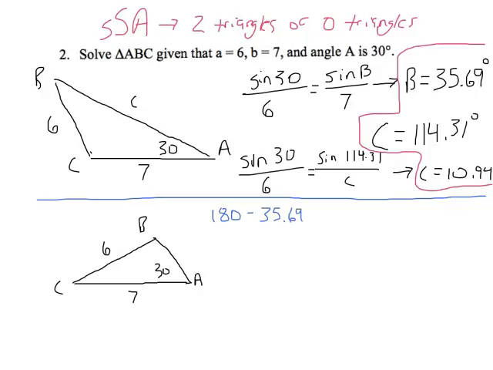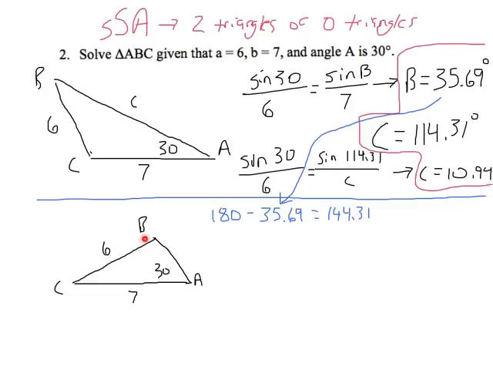Okay, so that 35.69 is coming from right there. There's a reason we do that. It's not just magic. I can show you why when I'm back in class, but I would get 144.31. Okay, that's going to be what angle B is in our second triangle.